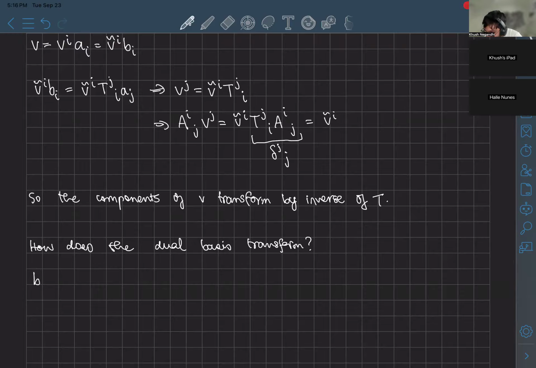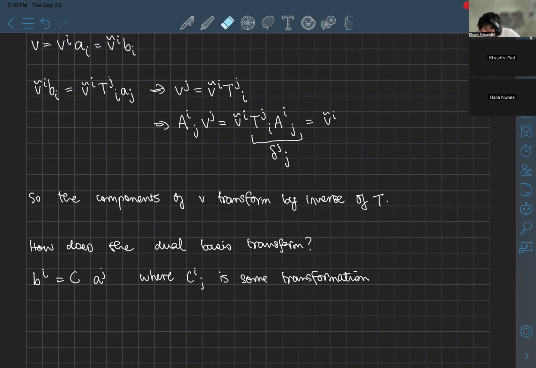Let's say that b_i dual is now equal to C_ij a_j dual for some transformation C_ij.